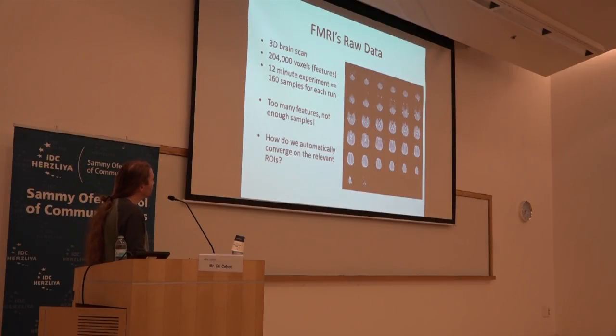So what is the data that we're using when we talk about fMRI? We actually get a 3D brain scan, as you can see here. We have 32 brain slices, and each one of them is a vertical slice of the brain.